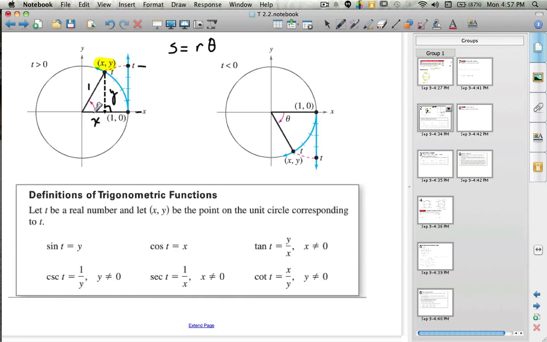And cosine is adjacent over hypotenuse, so x over 1 just becomes x. And then tangent is equal to sine divided by cosine, so we have y over x. That's why it all works. So the unit circle is very helpful to us in calculating the basic trig functions without whipping out a lot of technology.